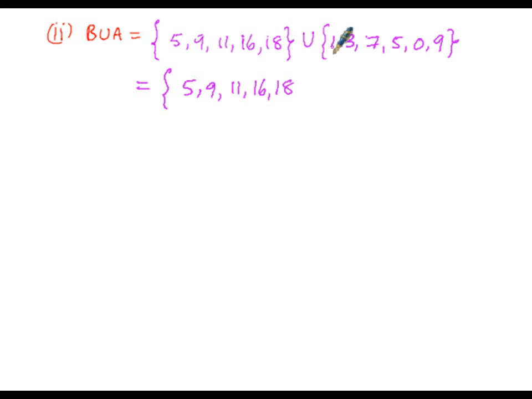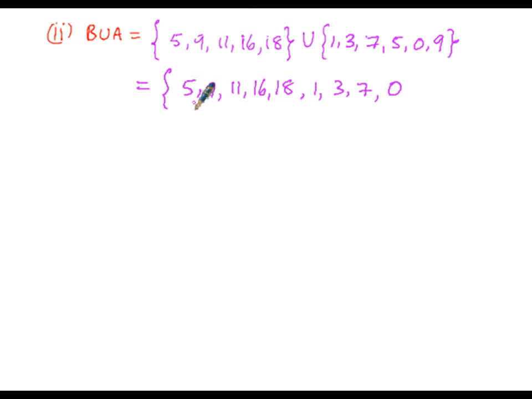So 1 is not present in this, we can include it. Similarly 3 and 7 are also not occurring, we can include them in the set of B union A. 5 is already occurring, so no need to write this 5 again, we can neglect it. 0 is not occurring in this set, so we can include it, whereas 9 is already occurring here, no need to repeat it.